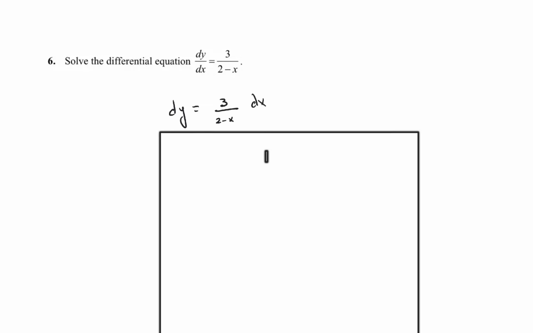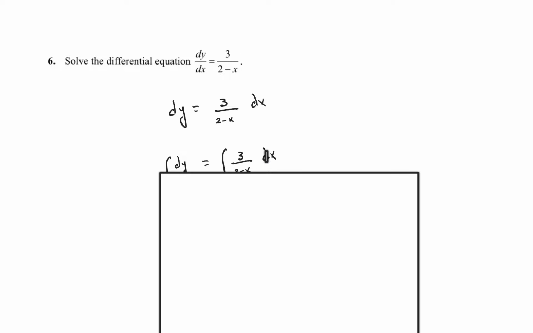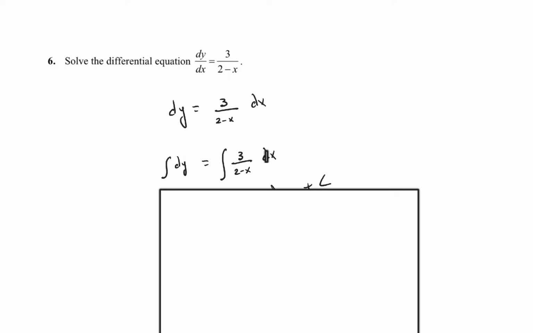If we make the separation, it will look like this. Now we integrate the left side of the equation and the right side of the equation. The integral of dy equals the integral of 3 divided by 2 minus x.